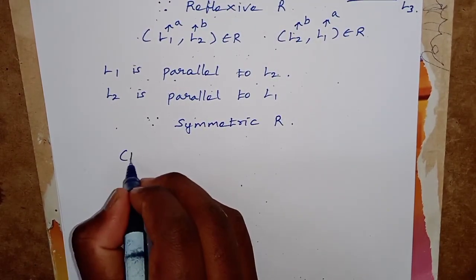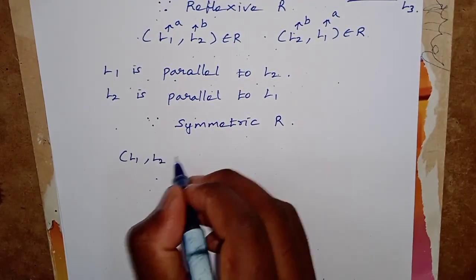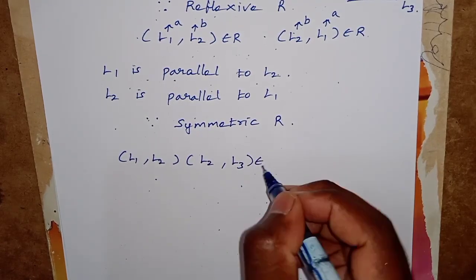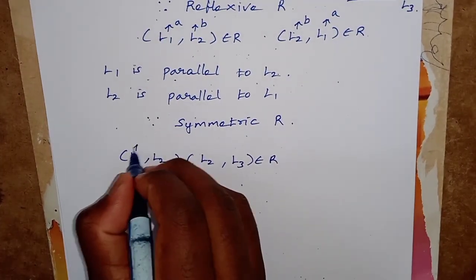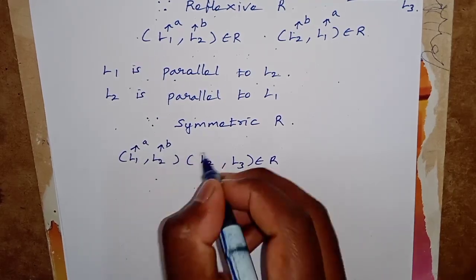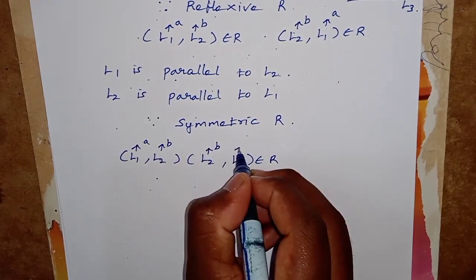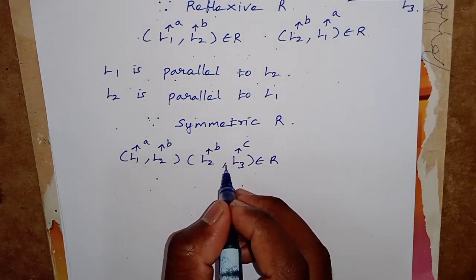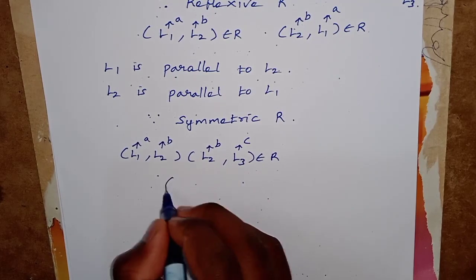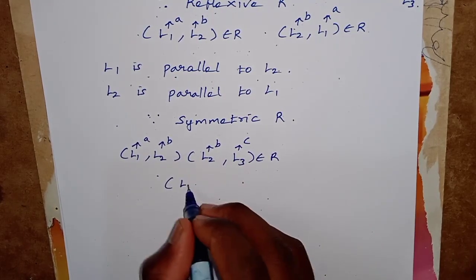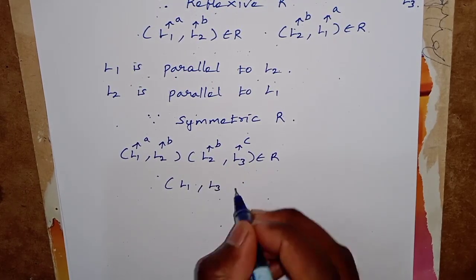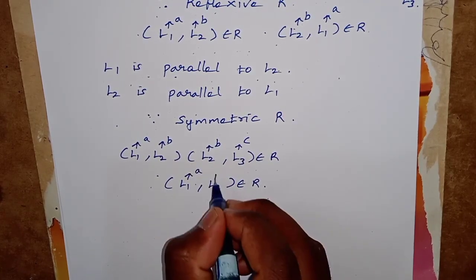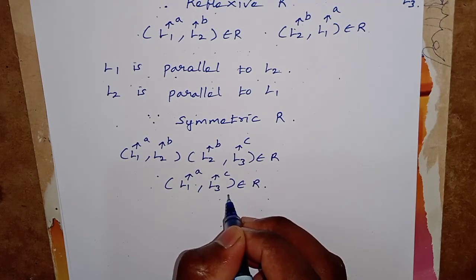L1 comma L2, L2 comma L3 belongs to R. Okay, A B, here it is B C. A comma B, B comma C belongs to R. Therefore A comma C, here L1 comma L3 belongs to R. A C. Therefore here it is satisfying the condition.